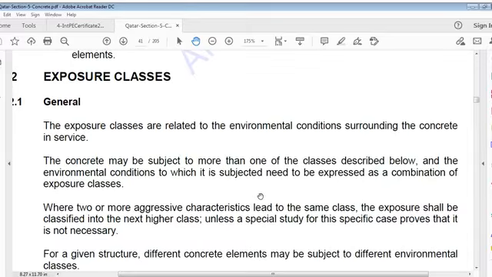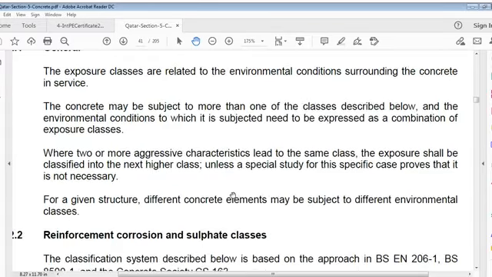Exposure classes. General. Exposure classes are related to environmental conditions surrounding concrete in service. Concrete may be subject to more than one of the classes described herein, and the environmental conditions to which it is subject need to be expressed as a combination of exposure classes.